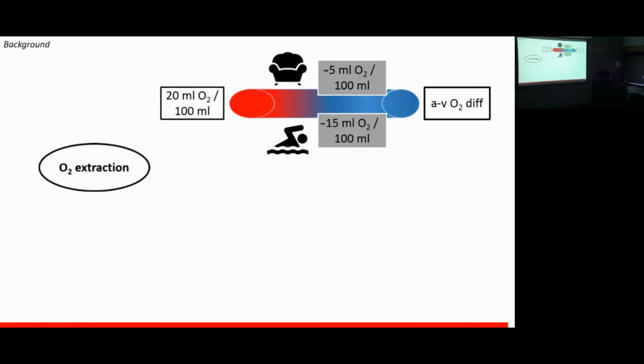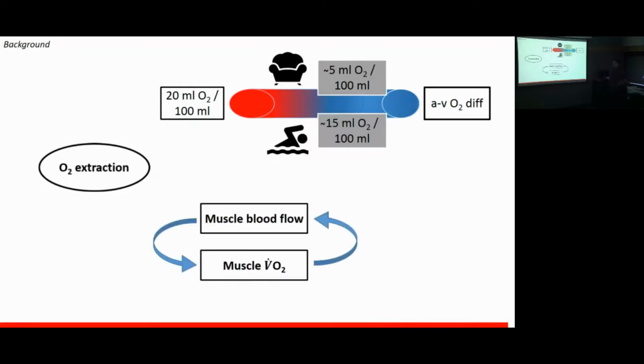And at rest, we usually extract 5 milliliters of oxygen, whereas during maximal exercise, we can get up to 15 or 16 milliliters of oxygen. And as we see from this graph, the extraction is mainly related to the dynamic balance between muscle blood flow and muscle VO2, so oxygen provision and oxygen utilization.